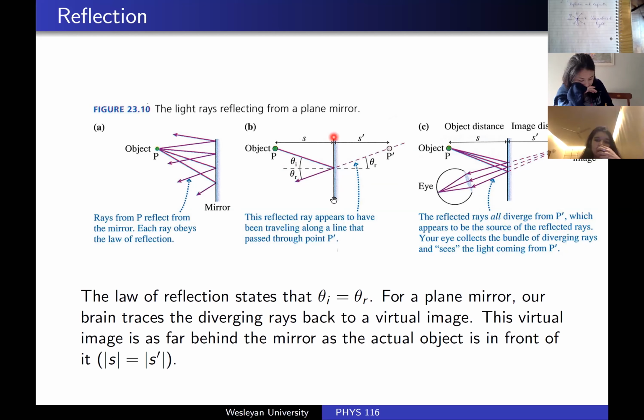We call this the normal, and we tend to measure our angles from the normal to the light ray. So theta I here is the angle of incidence, measured from the normal to the incident ray. Theta R here is the reflection angle, measured from the normal to the reflected ray. And the law of reflection simply states that theta I is equal to theta R.